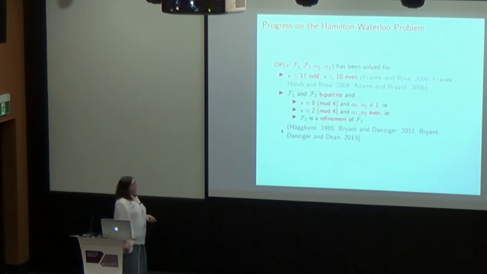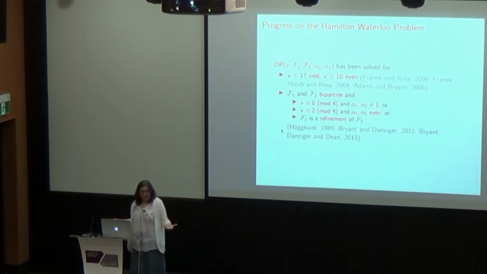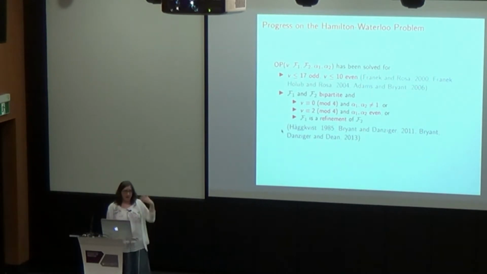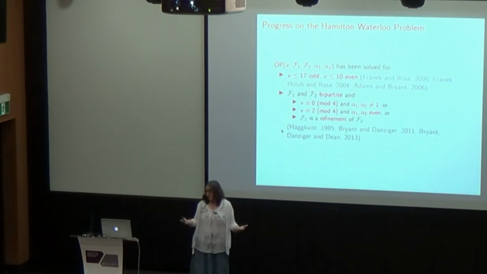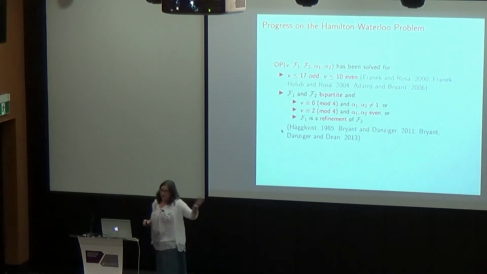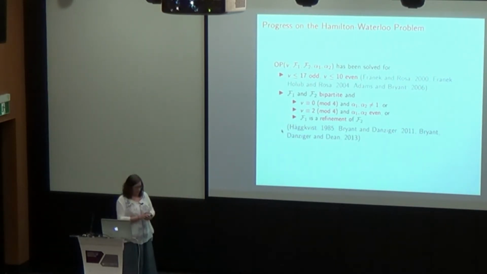Okay, so what is known on the Hamilton-Waterloo problem? For general two factors, not necessarily uniform, all cases have been checked up to 17 if v is odd, and up to 10 if v is even. There are some exceptional cases that don't exist, but it's completely known when this exists for those small orders.